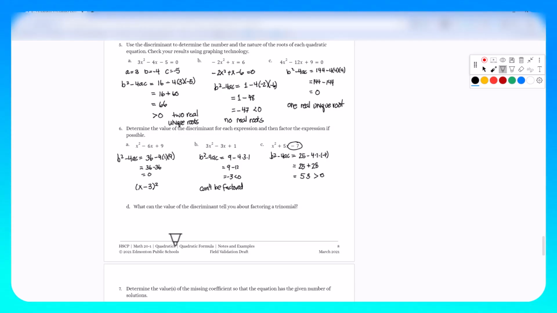And if we try to find two numbers that multiply to 7 but add to 5, we can't do it. So if the discriminant is positive and a perfect square, then we can factor the trinomial.